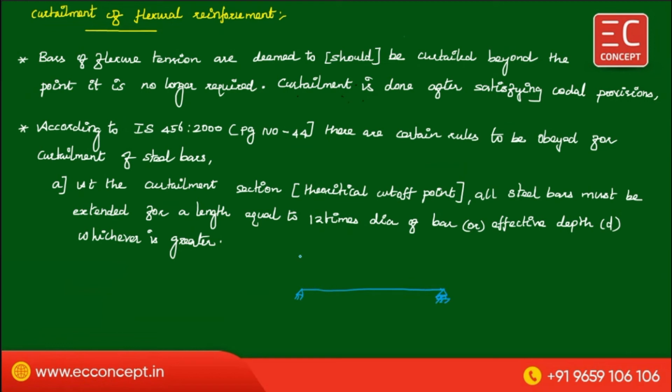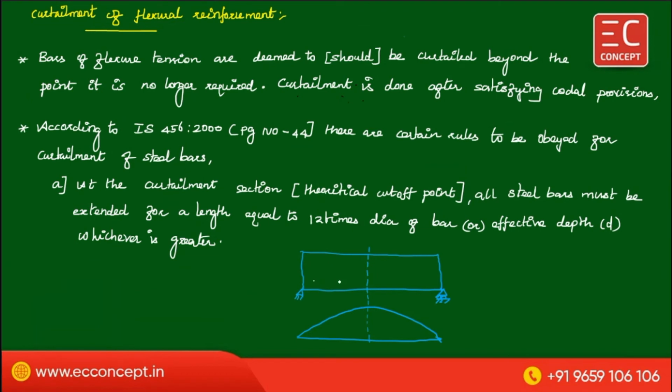This is the beam and this is the bending moment diagram. The bending moment gradually reduces from center to extreme. So this is the maximum point, and you have to provide reinforcement here, at the bottom.